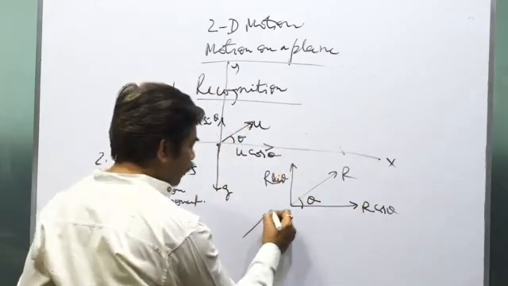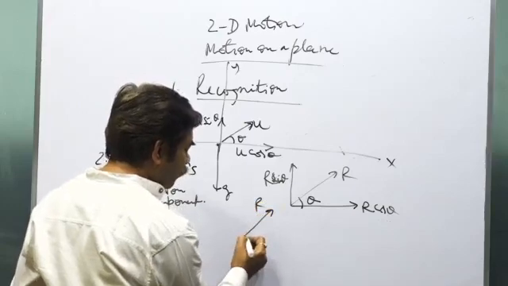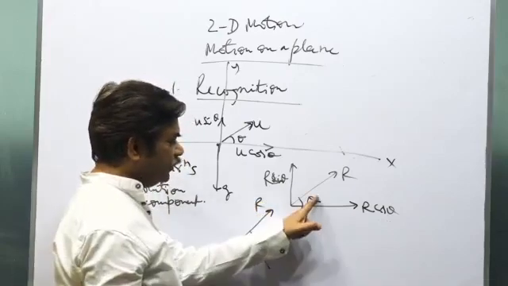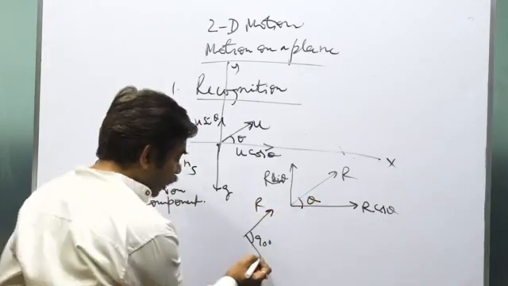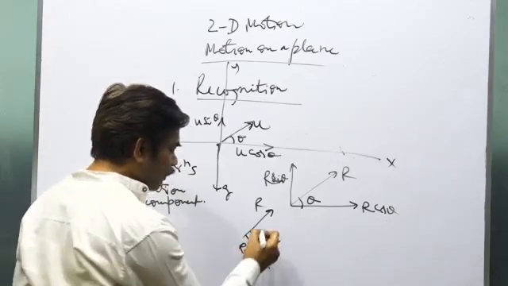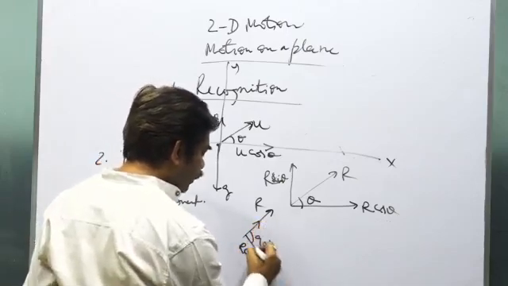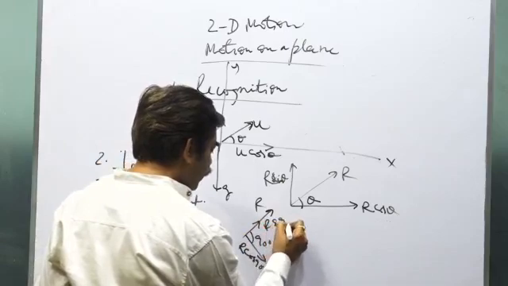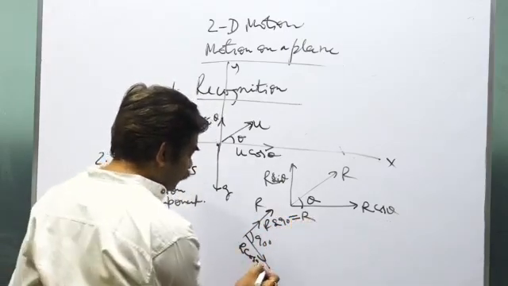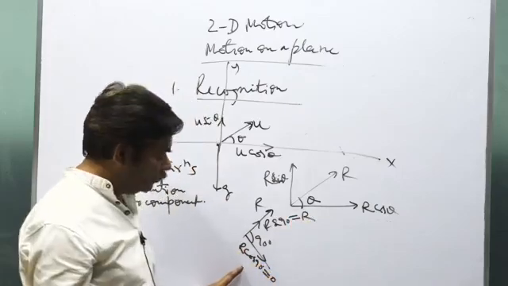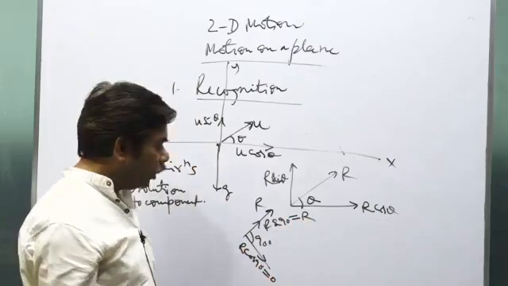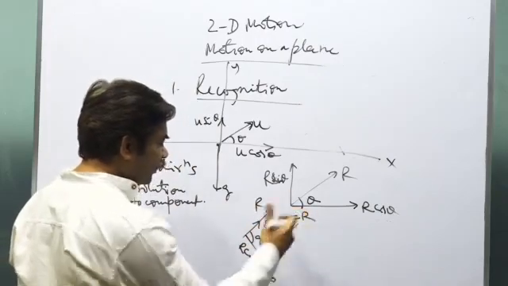So if I take the component in the direction making an angle of 90 degrees from it, theta becomes 90 degrees. I will have r cos 90, and perpendicular to this is r sin 90. r sin 90 becomes r, and r cos 90 becomes 0.